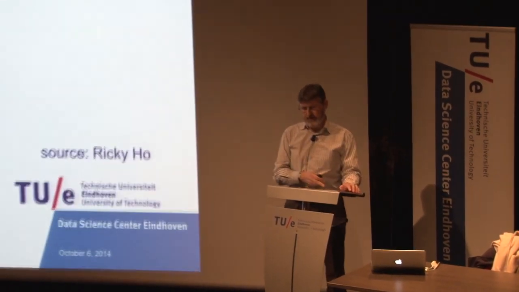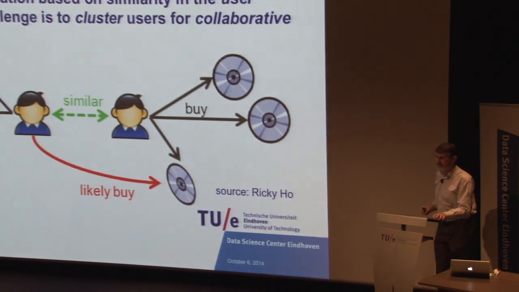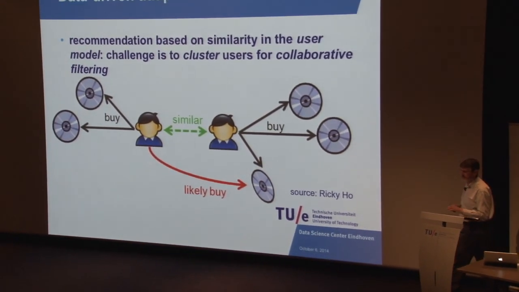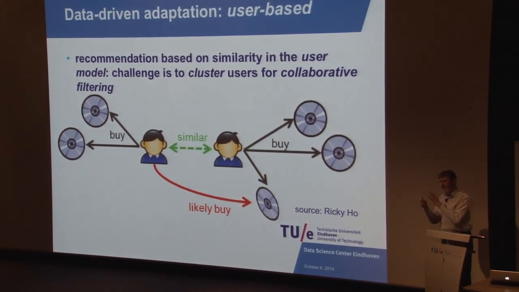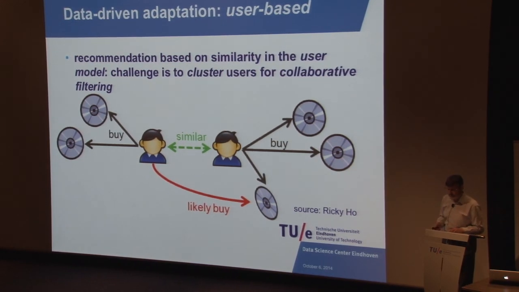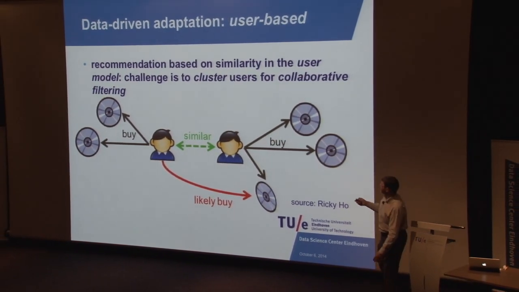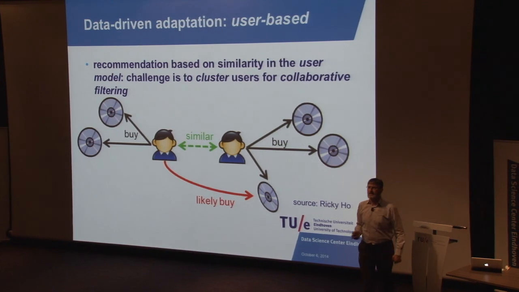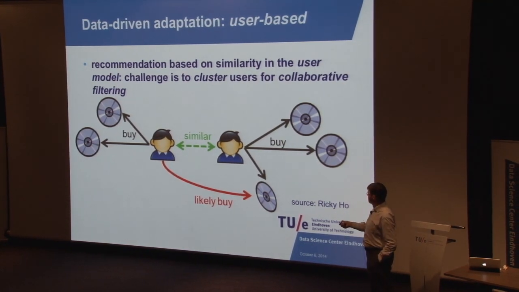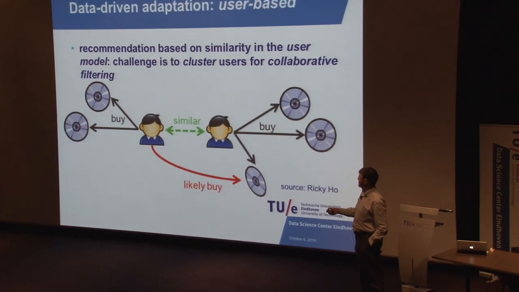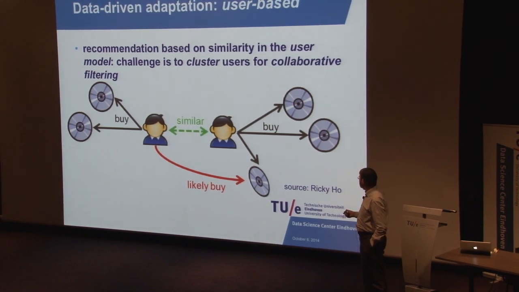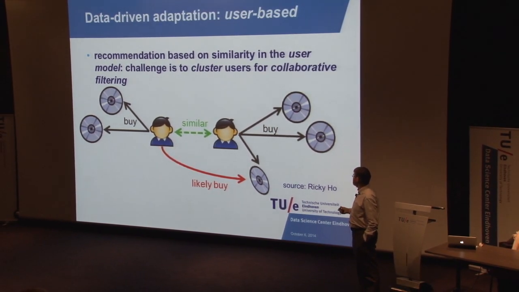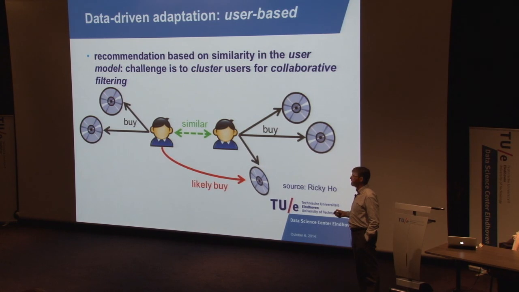Another approach is what we call data-driven adaptation that is user-based. It can actually also, to some extent, be item-based, but we actually look at the behavior of different users. So we look at, okay, user A is buying some products, right? And if user B is buying the same products, we decide that these users must be similar.